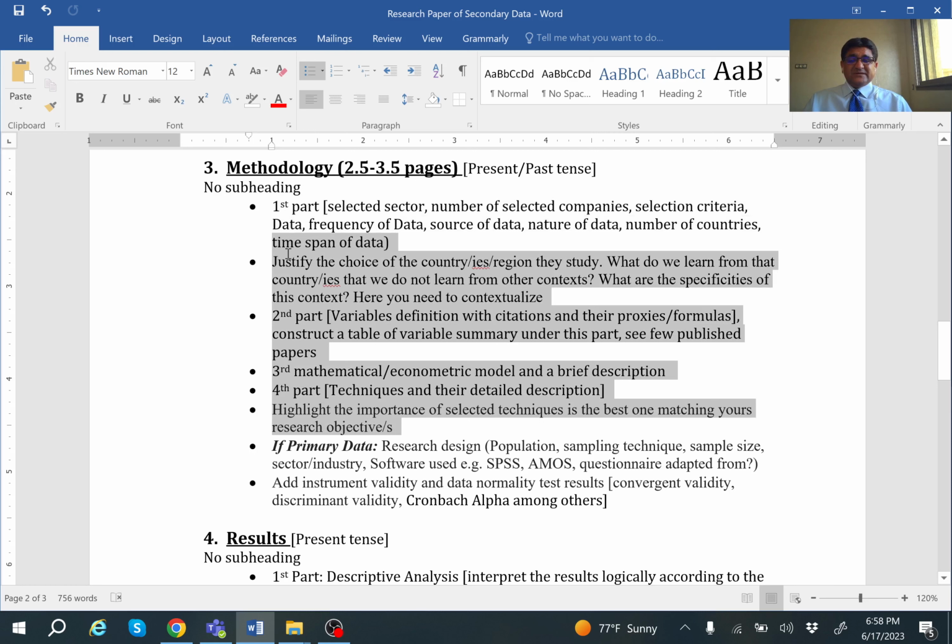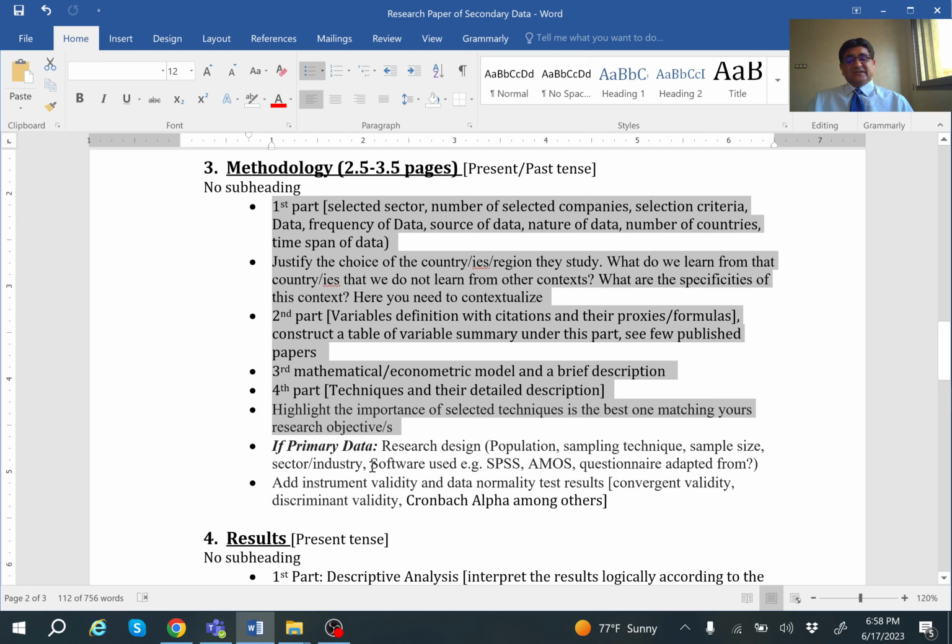This is what I was talking about, the secondary data. If someone has worked on primary data, they can talk about the population, which sampling technique they have used, what sample size they have used, which industry they have targeted and how the data was collected.